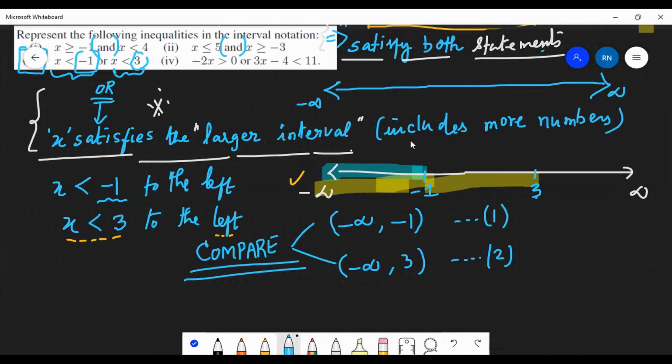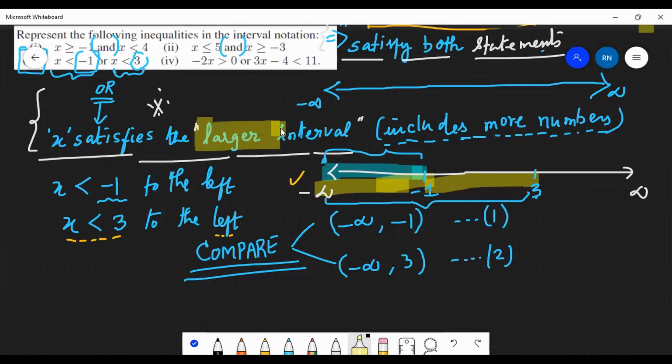The larger interval means the interval that has more numbers in it when compared with another interval. So minus infinity to minus 1, very simple. Both are starting at minus infinity, so it is easy to compare. The first stops at minus 1. The second interval also starts at minus infinity, but it goes all the way till 3. So you can see which one is the larger. You can easily determine. Not at all difficult.